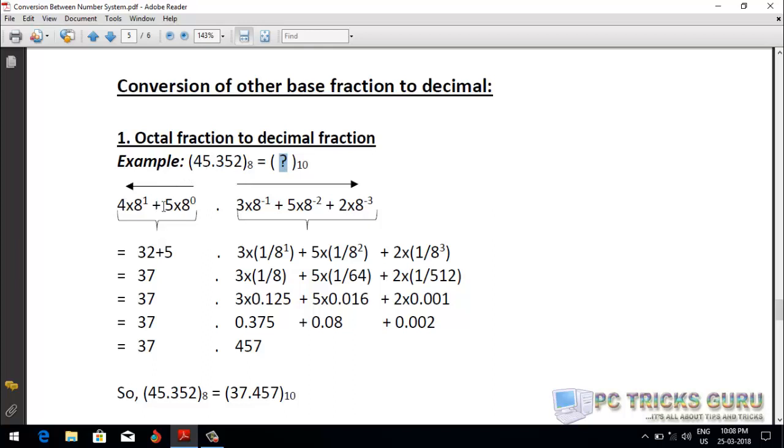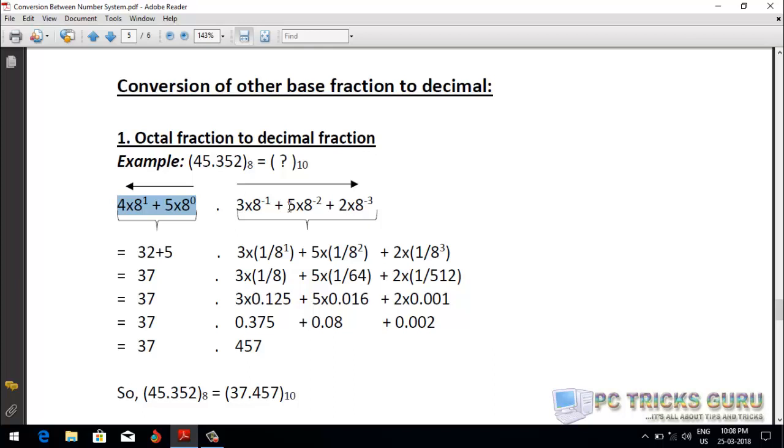45, convert it into decimal as we did earlier. 5 multiplied by 8 to the power 0, then 4 multiplied by 8 to the power 1. So the left side part would be written as this, going from right to left, and for the right side we have to go from left to right.